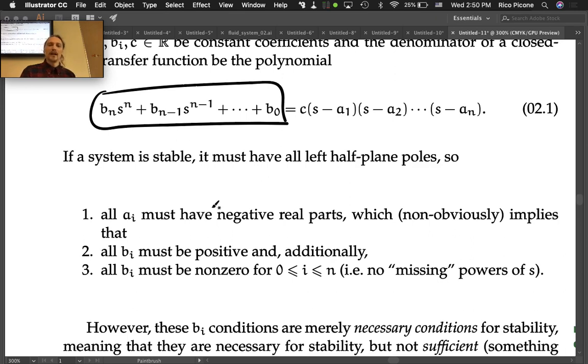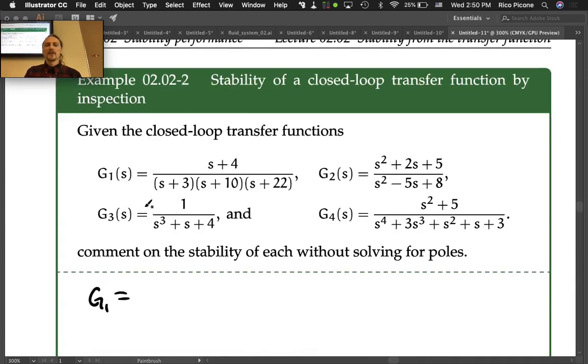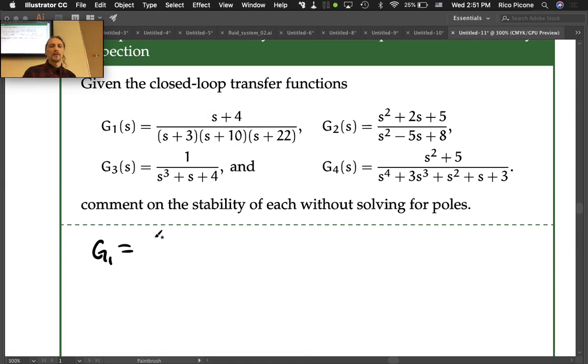But these A conditions say that if all of these have negative real parts, then G1 is stable. You can see what the poles are from the factoring. We know it's stable. Okay.